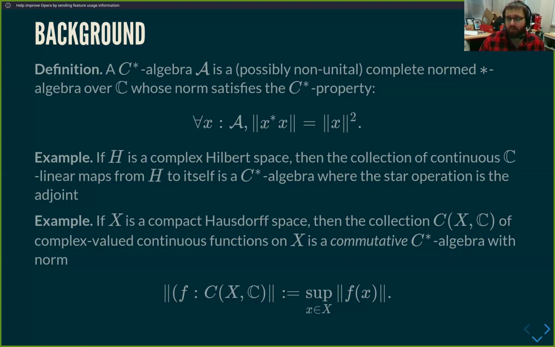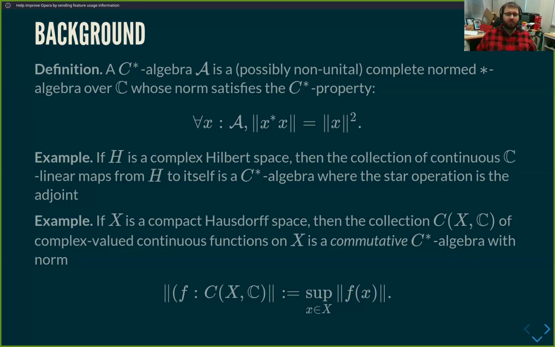That's just an algebra with an extra operation called star, which is involutive, linear and anti-multiplicative. And the norm satisfies this property called the C-star property, that the norm of x star x is the norm of x squared.